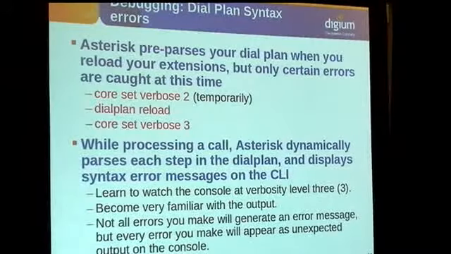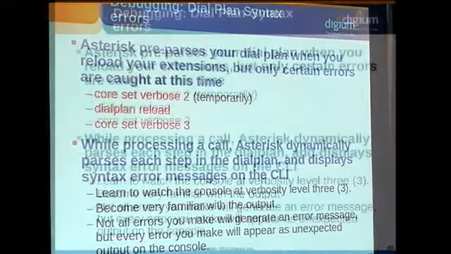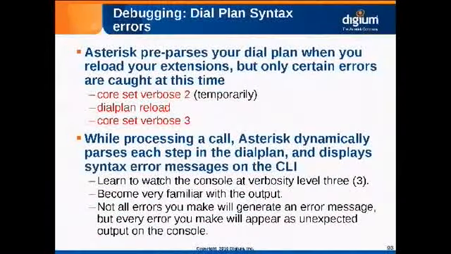Now, the next thing to understand is that when you dial an extension in the dial plan, Asterisk goes to that particular context in the dial plan, finds that extension, then executes the things it finds there. If it finds a problem at that point, it'll again tell you on the command line interface what the problem was.